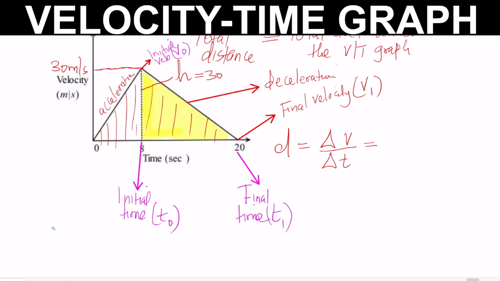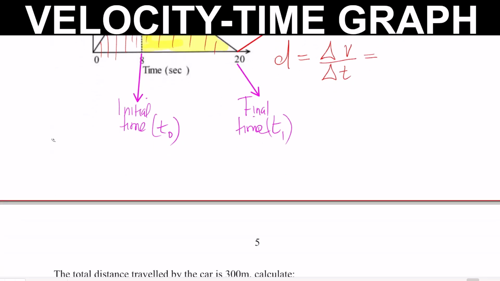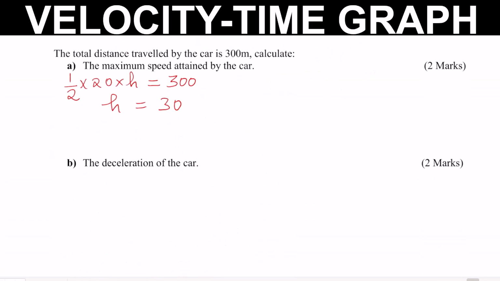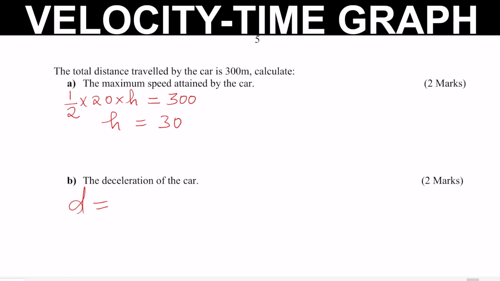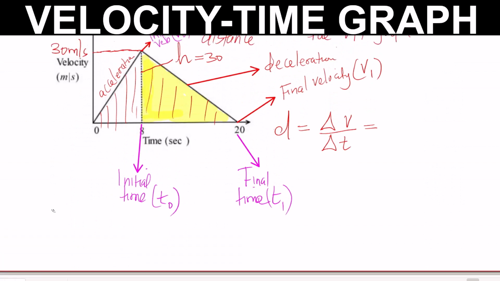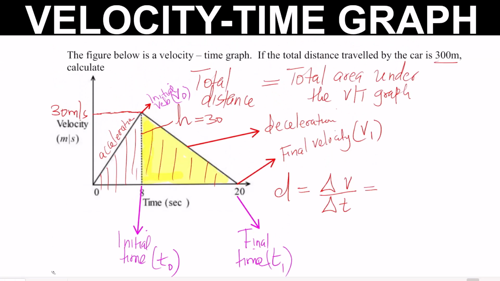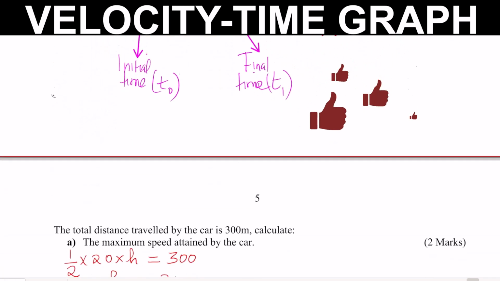So therefore, go to the solution here. Deceleration is given by the change in speed. Change in speed will be the final speed subtract the initial speed. That is v1 minus v0.